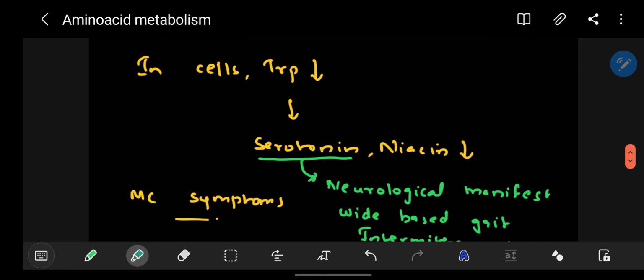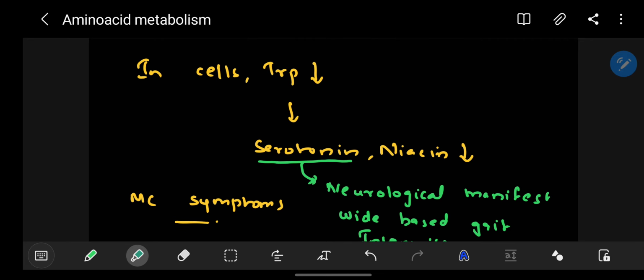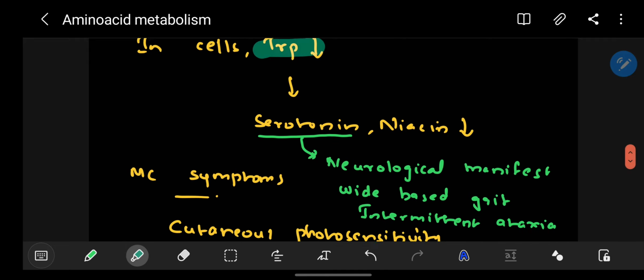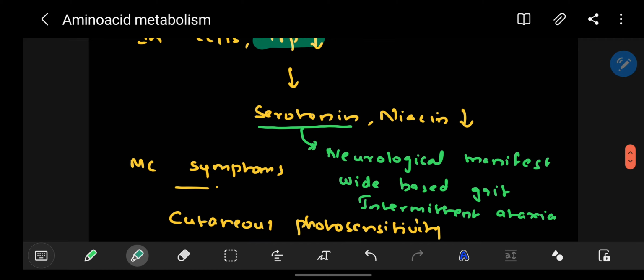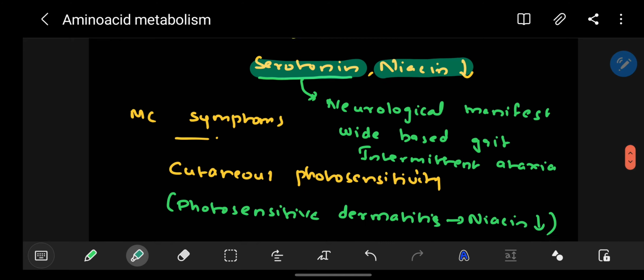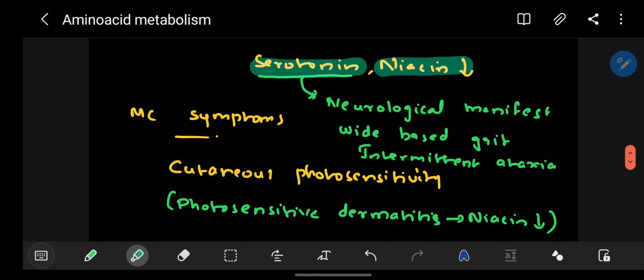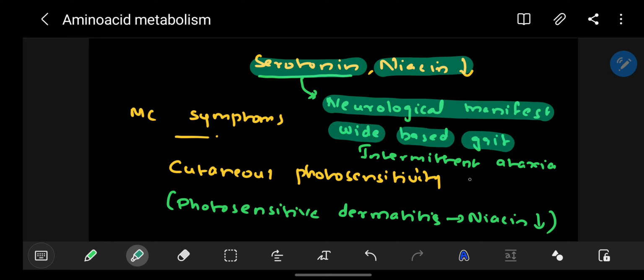So in cells, as the tryptophan is not absorbed, there will be a decrease in tryptophan, right? So the level of serotonin and the level of niacin will be decreased. There will be neurological manifestations because serotonin is a neurotransmitter, and there will be a wide-based gait and intermittent ataxia.